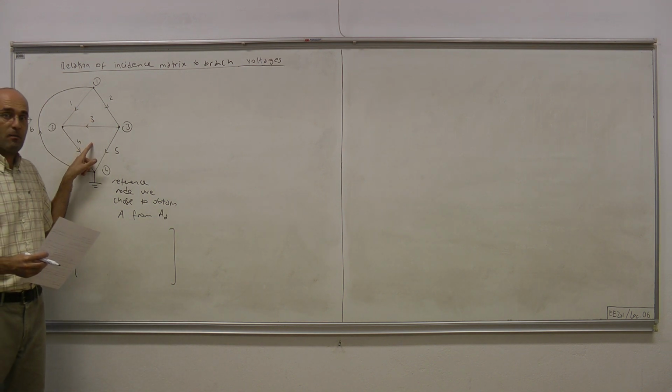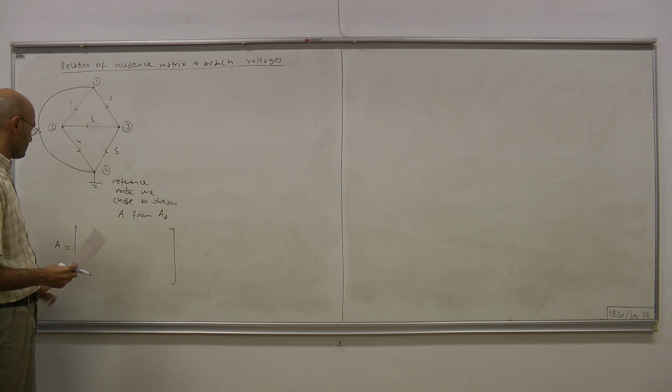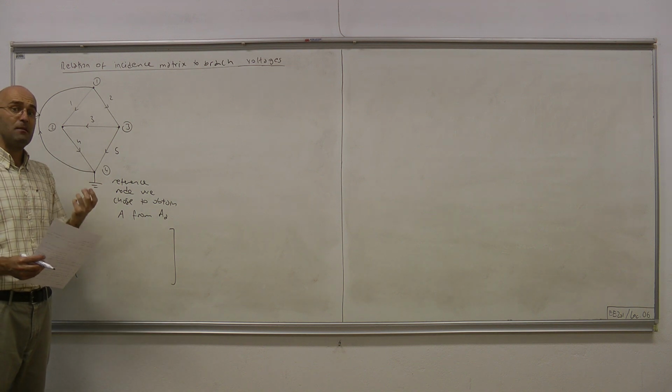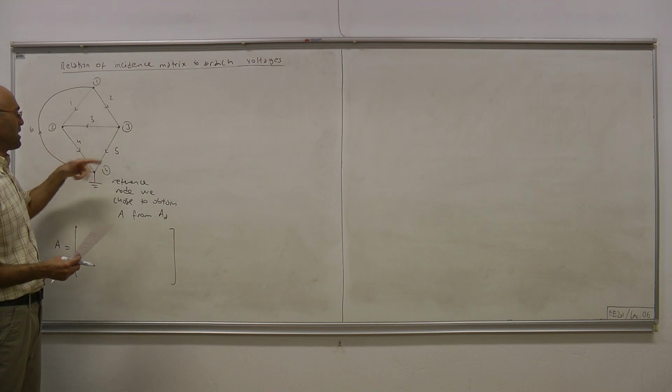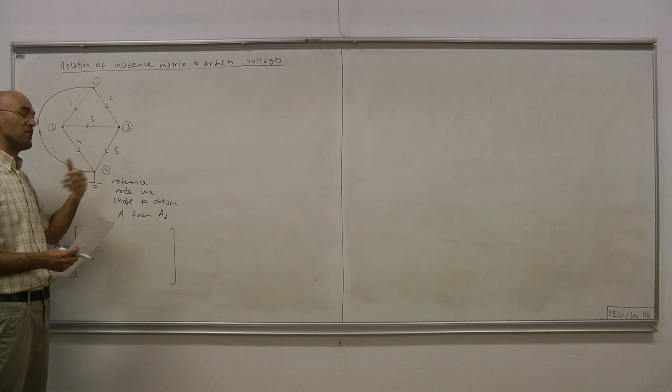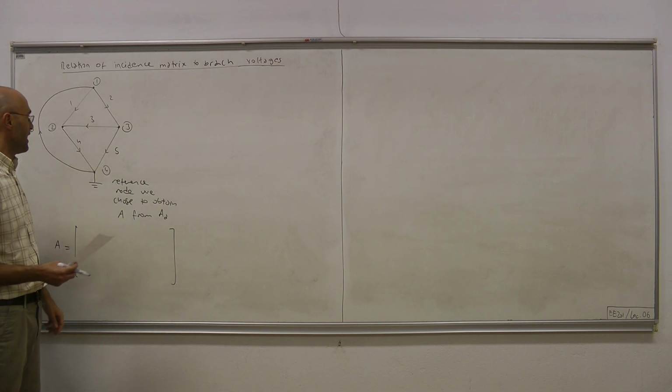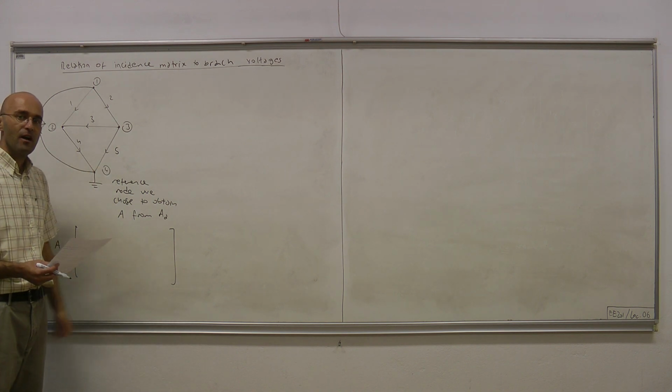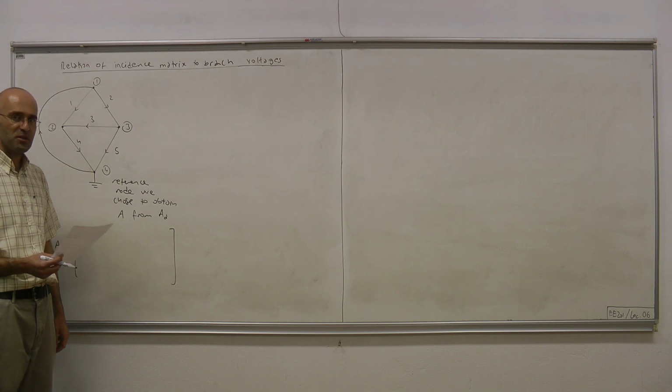For this example, it's an n-1 by B matrix. N is the number of nodes, which is 4 in this case, therefore n-1 is 3. And we have 6 branches, therefore this should be a 3 by 6 matrix.